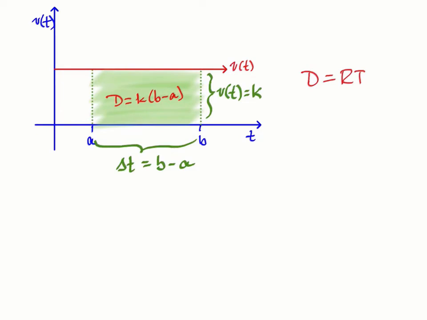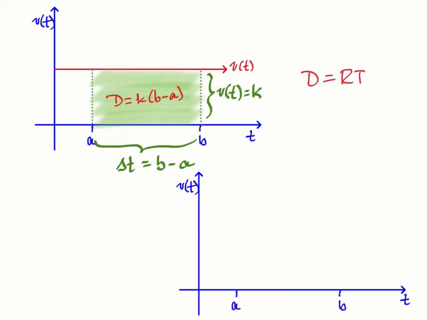But what if we don't have a constant rate, which is like real life? So say our velocity function looks something like that. It's not a constant. And we want to approximate the distance traveled from time A to time B using that velocity function.